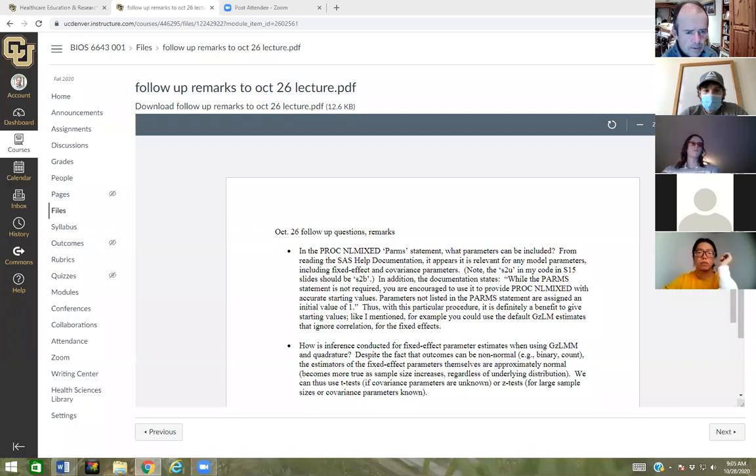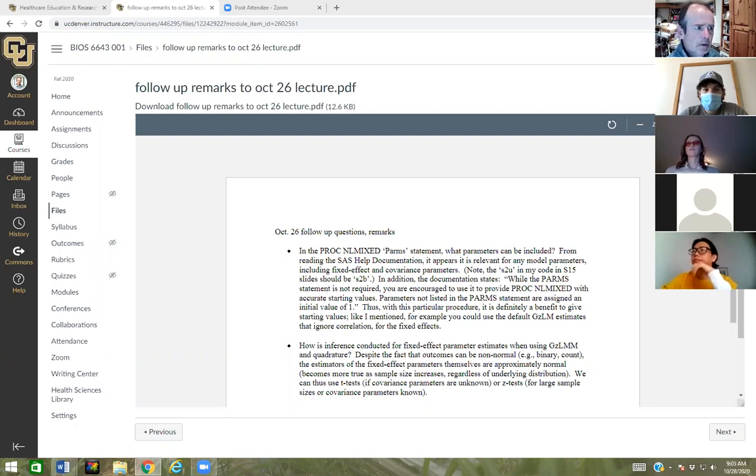In a nutshell, you can add random effects, but you can't add an error covariance structure to deal with repeated measures. So it does give us a way to deal with correlated data, but it's more limited than what we were used to with the linear mixed model, right?